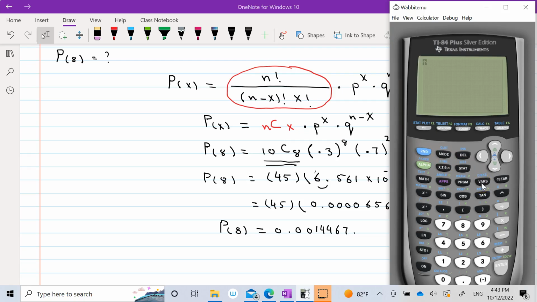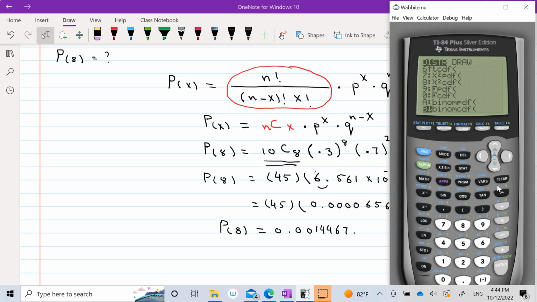You see at the top of variance, you have distribution in blue color. When you push second, it means you are going to distribution. Now, go down, find binomial PDF. You see, you have binomial PDF, you have binomial CDF.